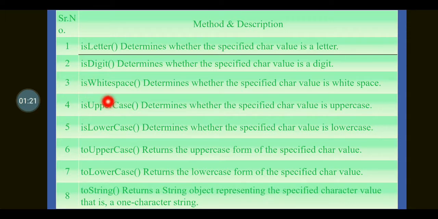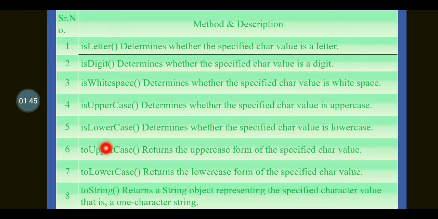isWhitespace() is the method to check whether the given specified character value is white space or not. Similarly, isUpperCase() is the method used to check whether the given character value is in uppercase or not. Similarly, isLowerCase() is used to check whether the given character value is in lowercase or not.